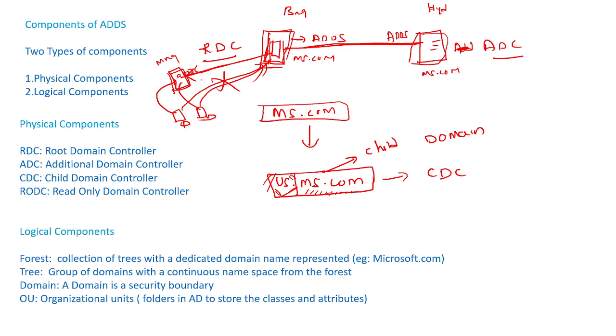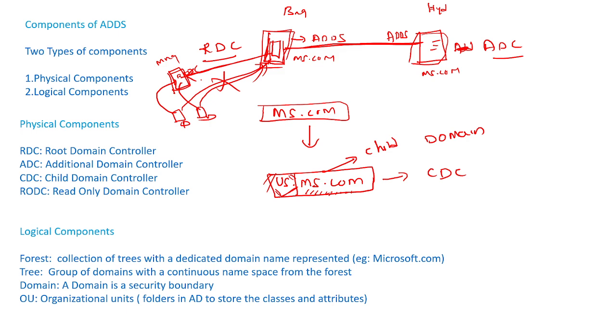The very first domain controller we call the root domain controller, and the second one is ADC, additional domain controller. To balance the load among multiple locations, multiple domain controllers will be added, and that domain controller we call an additional domain controller. And the child domain controller: you already have a domain, say Microsoft.com, and you are creating one more domain for some other region or some other country, then that is called a child domain or child domain controller.